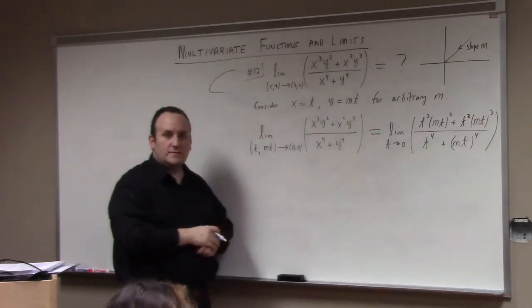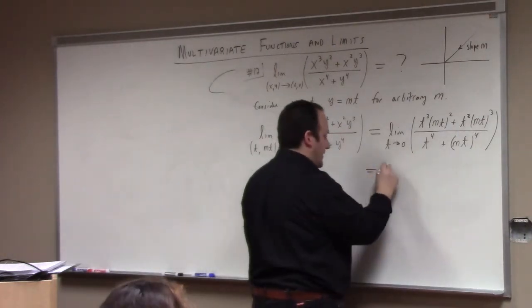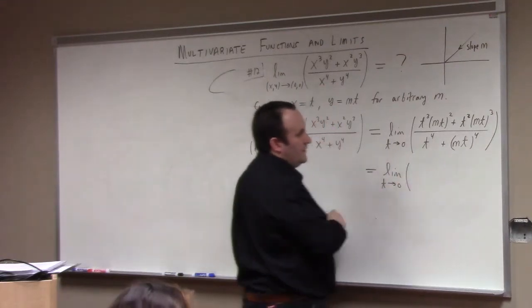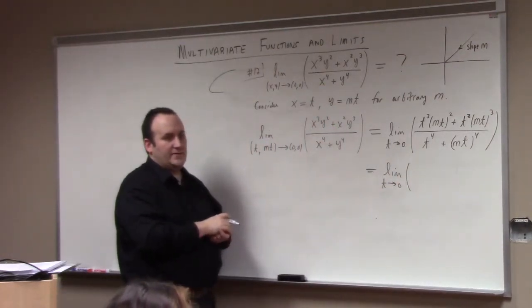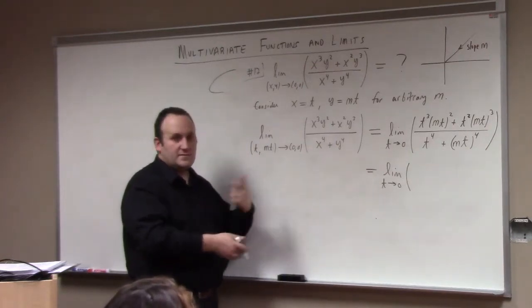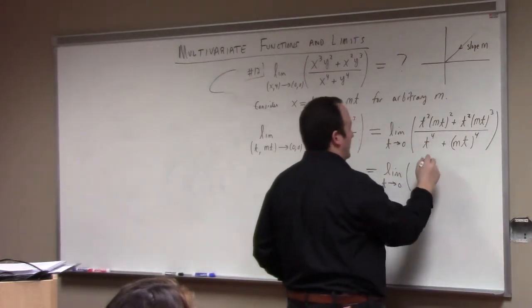This looks promising. See, because what do I got? I have a t to the fifth upstairs, and what do I have downstairs? T to the fourth. Bummer.